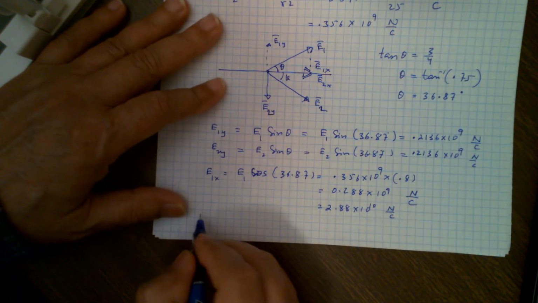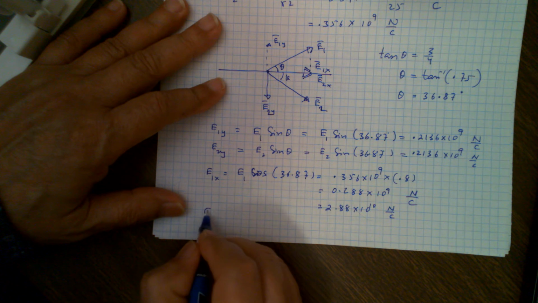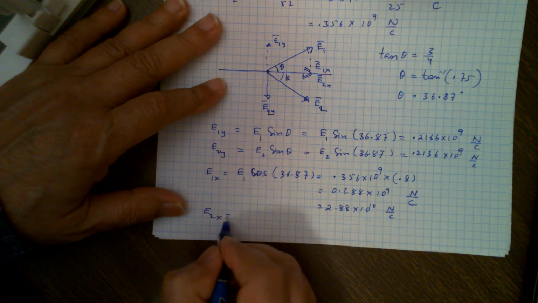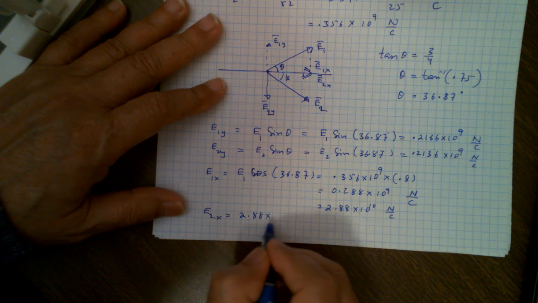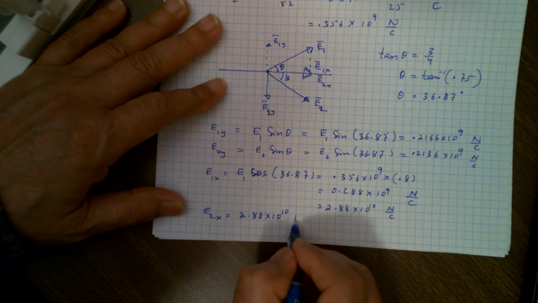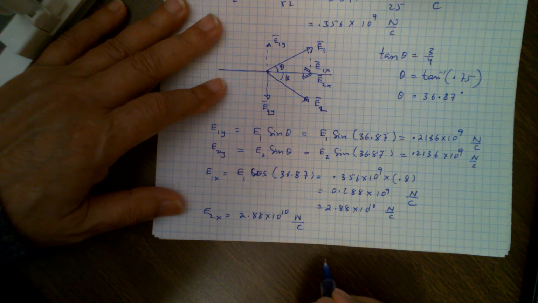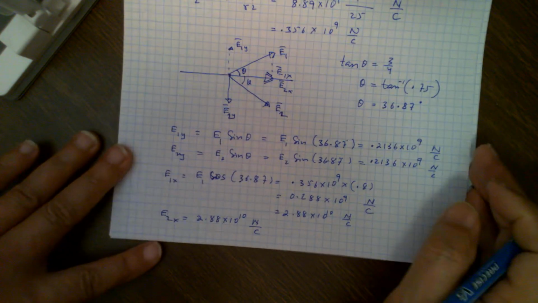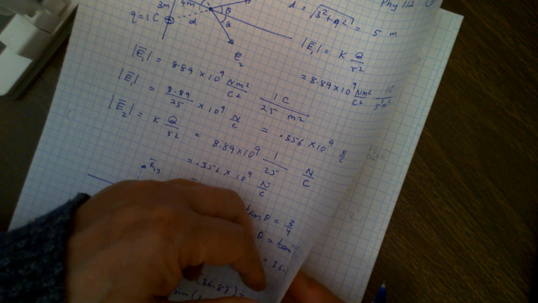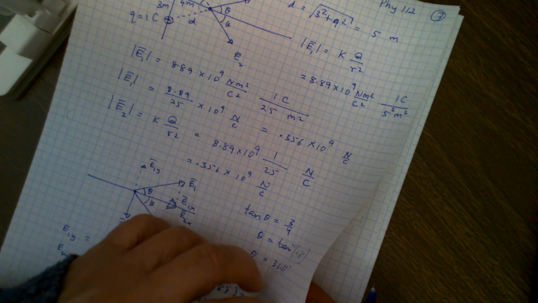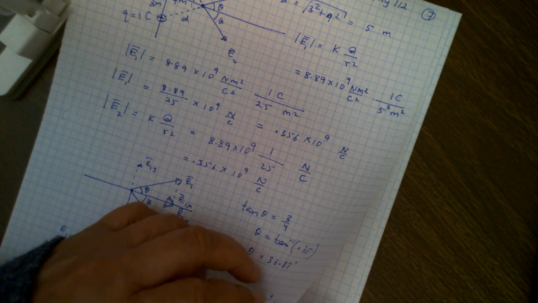And similarly E2x is equal to 2.88 times 10 to the power 10 newtons per coulomb. So the net result is in the positive x direction.